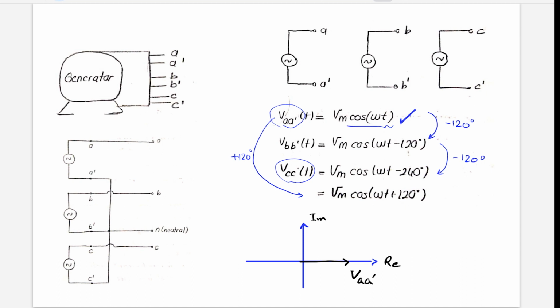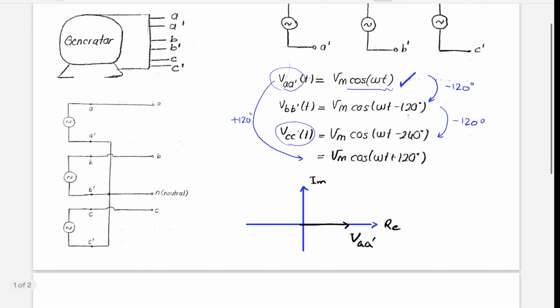So if we go clockwise 120 degrees, it will be approximately this one. So this is 120 degrees, and if we go another 120 degrees, it will be something like this. This is VCC prime. Or we can go counterclockwise 120 degrees from this one.